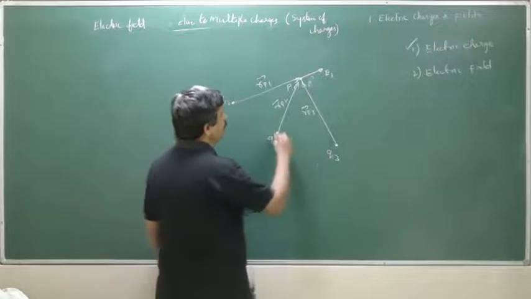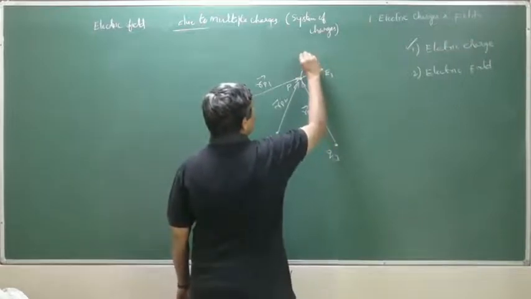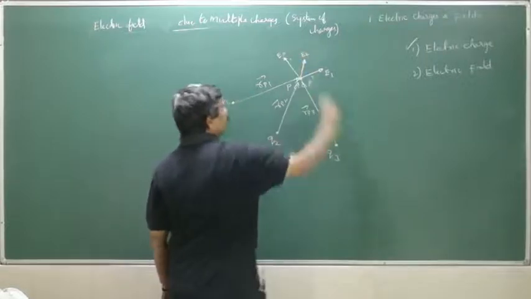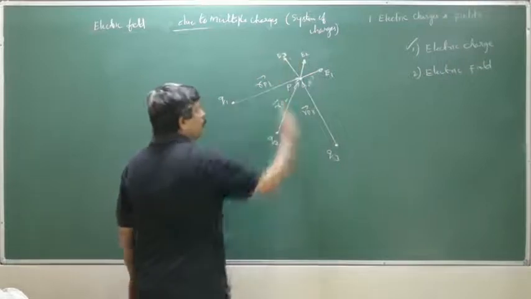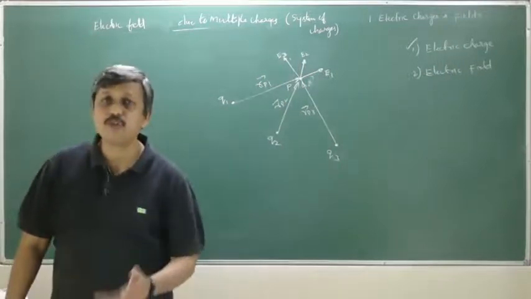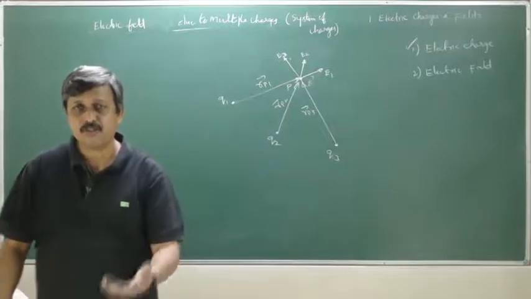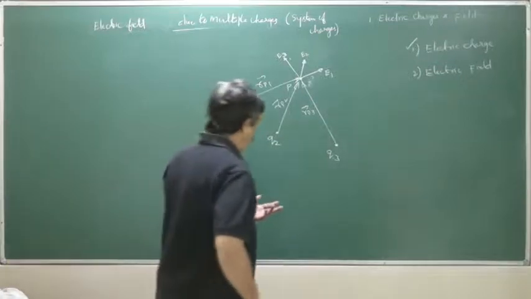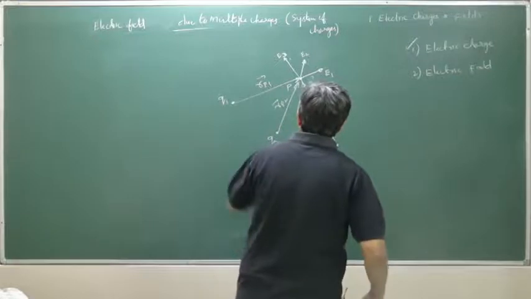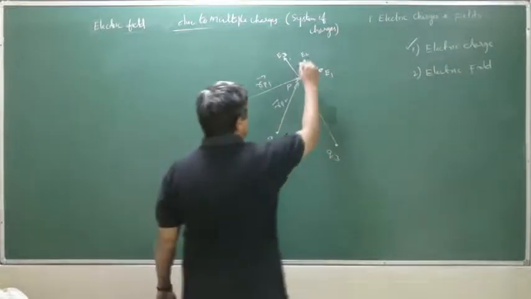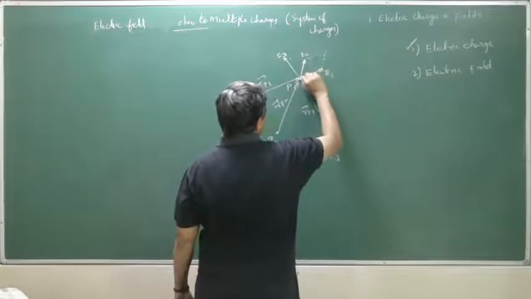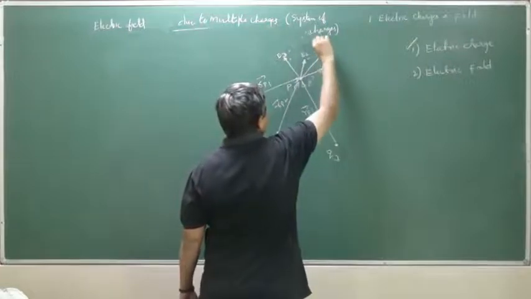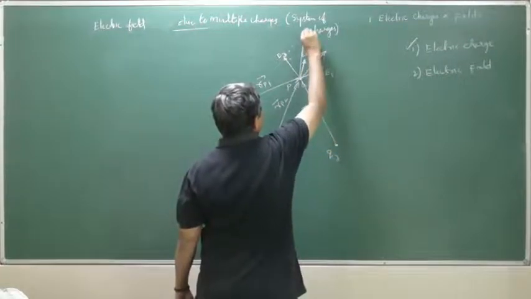Similarly, this is E2, and this is E3. Now I want to calculate E1 plus E2 plus E3. This is the superposition, the vector addition of all of these. The vector addition of E1 and E2 can be calculated by the parallelogram law. This is E1 plus E2, and this can be added to E3 to get the final E.